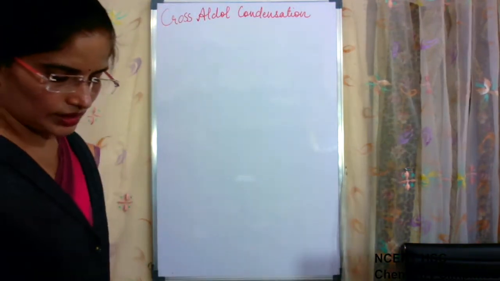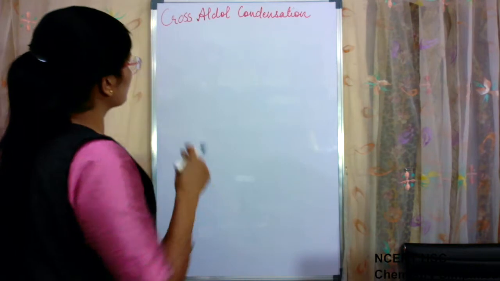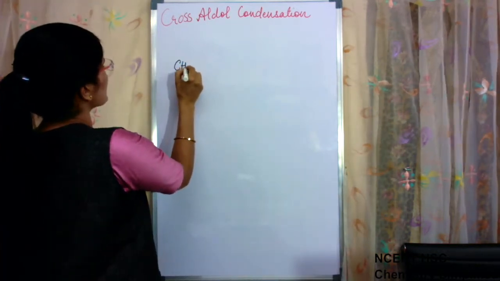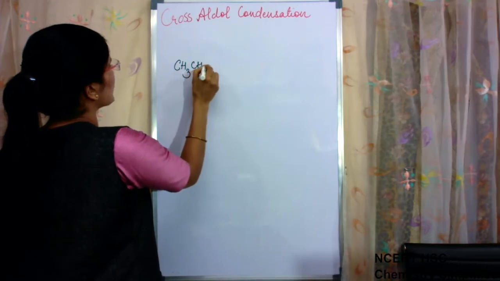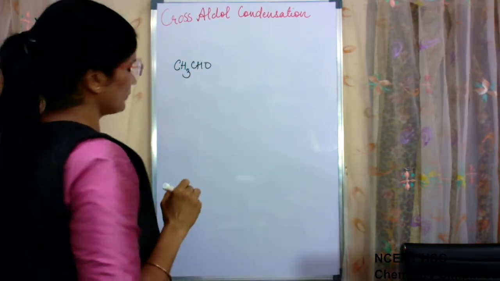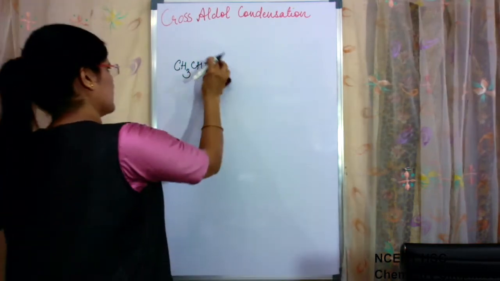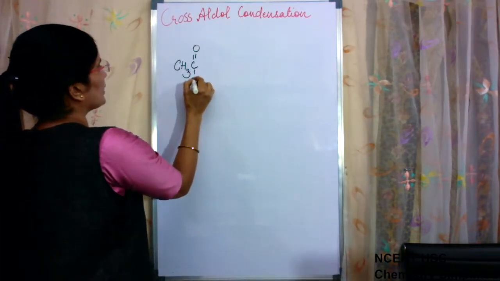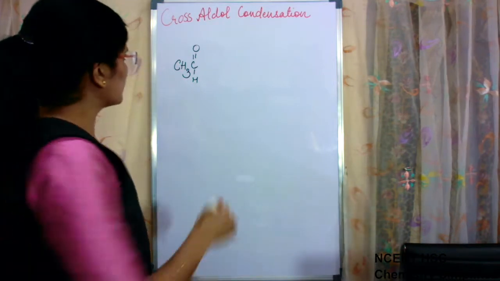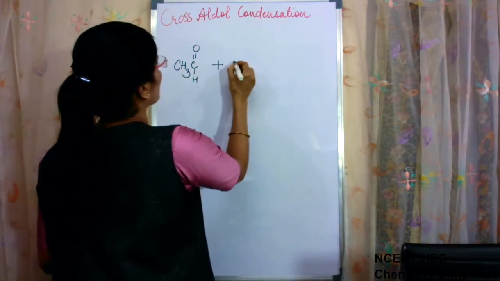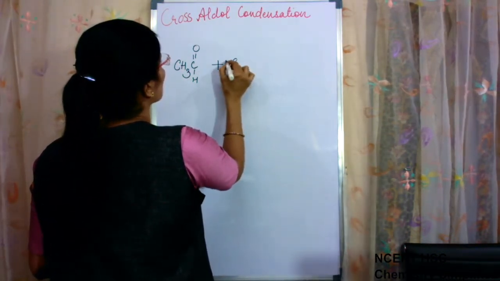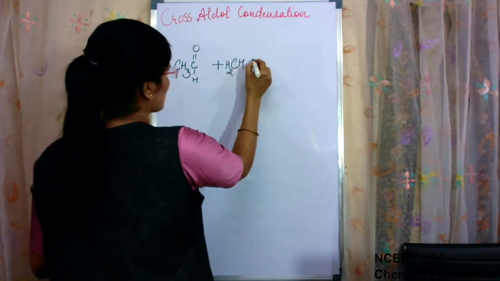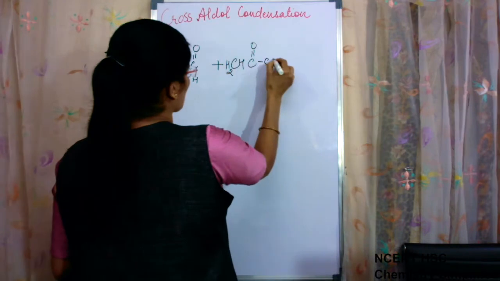Now we start with the example, taking one molecule of ethanal, CH3CHO. Better to write it from the beginning like C double bond O and H. Another molecule we take is CH3, C double bond O, CH3.